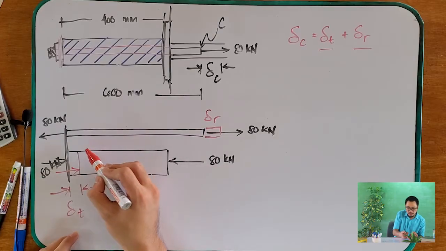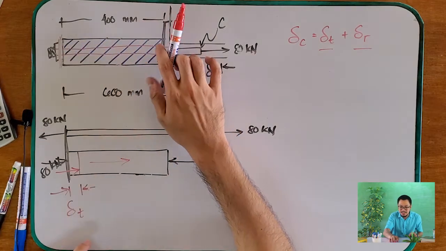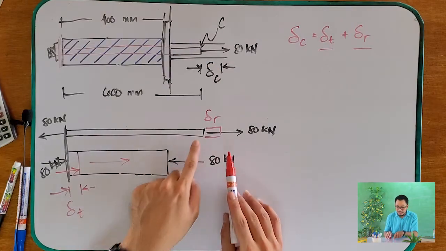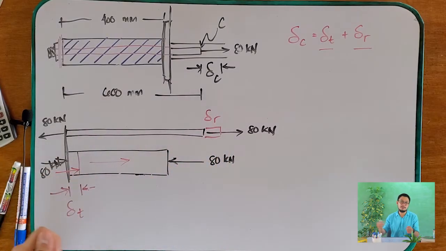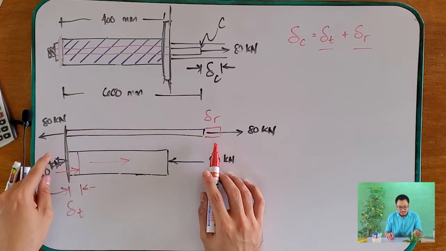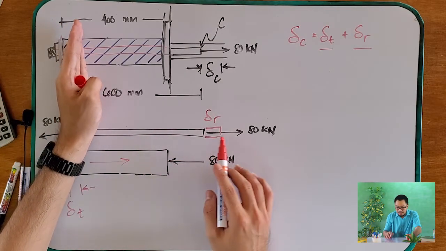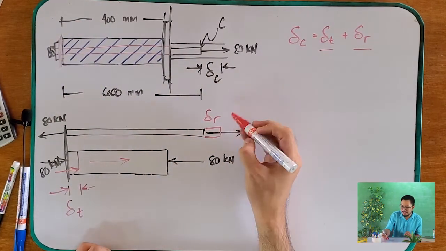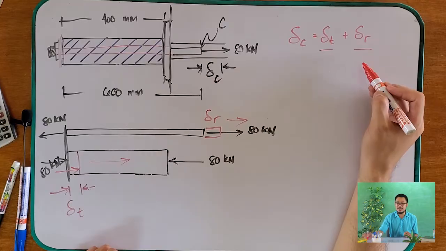So your deformation will go in this direction, because it is compressed. Isn't it that this one is rigid and this one deforms? So our deformation goes toward here. Our delta R will be in tension, so it stretches. Our delta R stretches. So it is fixed with your delta T, and your delta T decreases and your delta R elongates. So our delta R still goes to the right. So that is why delta T plus delta R.